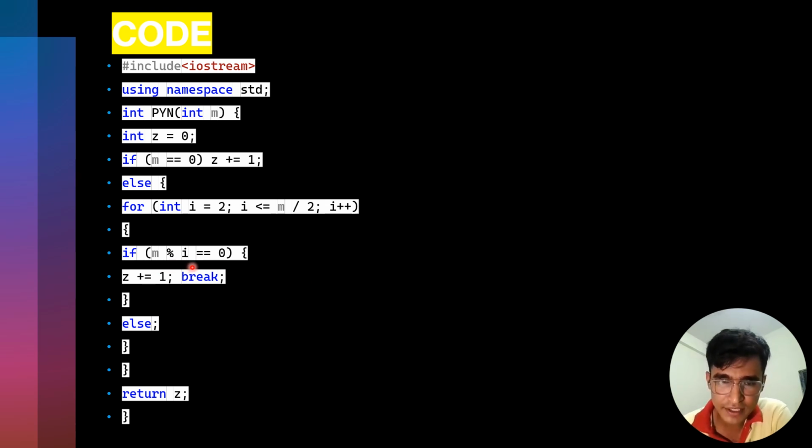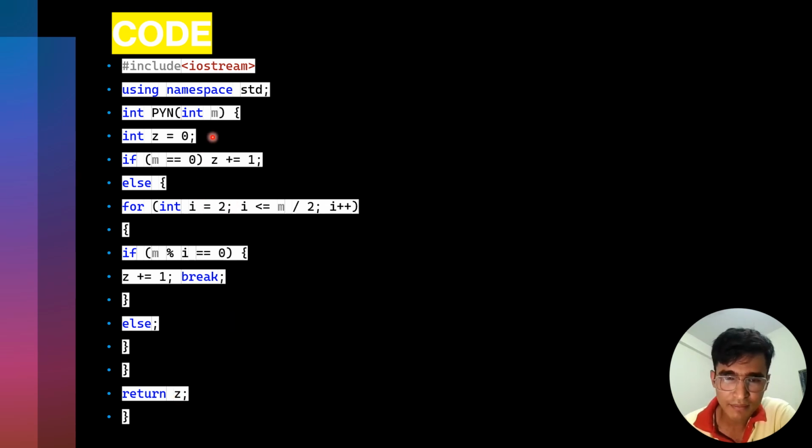If m modulo I is not equal to 0, then what should be done? Then nothing should be done, but I's value should be updated to I plus 1. Else nothing will happen. And at last it will return the value of z.